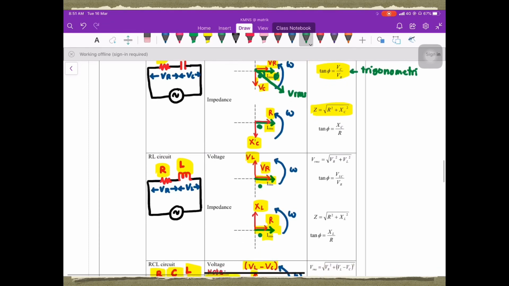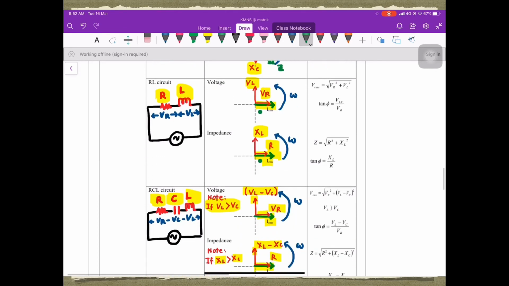And then same with the impedance. The impedance is located between R and C. So this is Z, and then this angle. Alright. So how to find impedance Z? Using Pythagoras theorem.